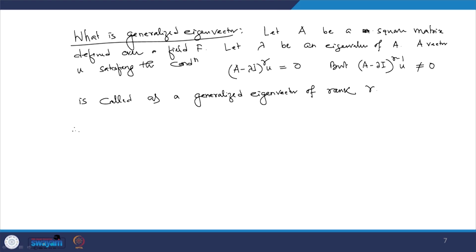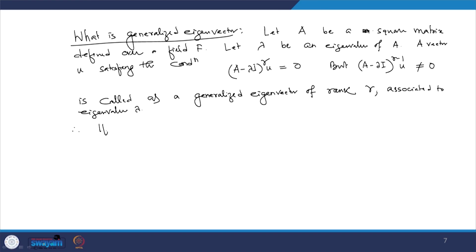This is called a generalized eigenvector of rank R associated to eigenvalue lambda.